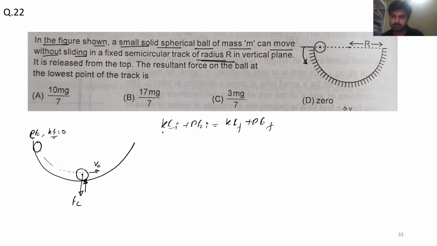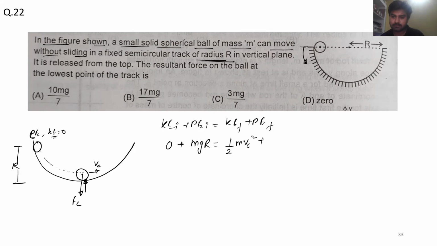Kinetic energy initial is half mv square, 0, because it has started from rest. And potential energy is mgh. So mg, this height is r, mgr, equals kinetic energy final, which is half mvc square, plus potential energy final. Potential energy final is 0 because it has come to the ground.